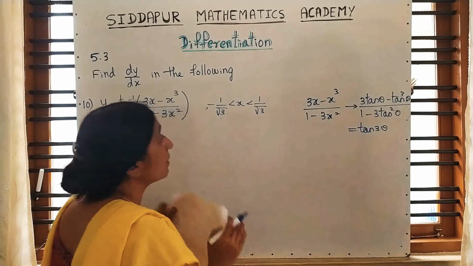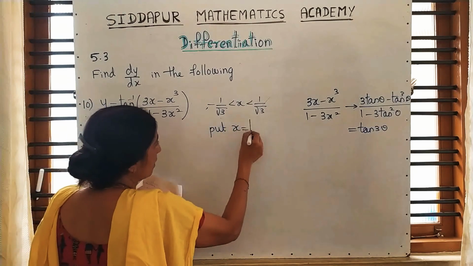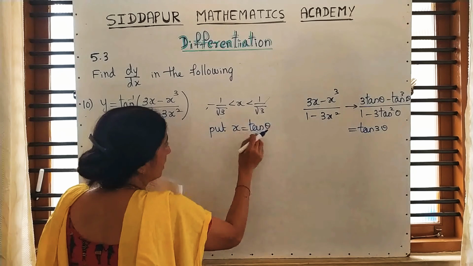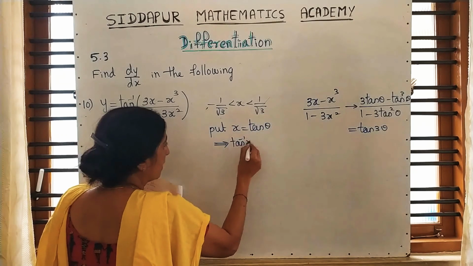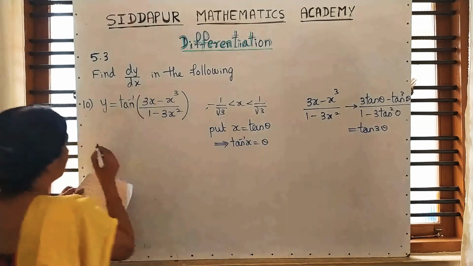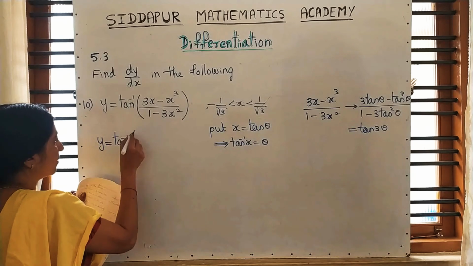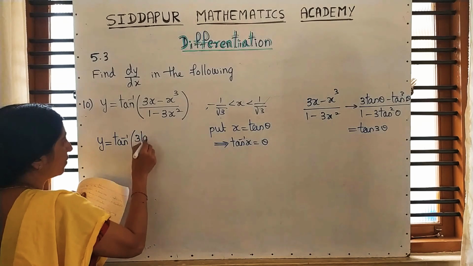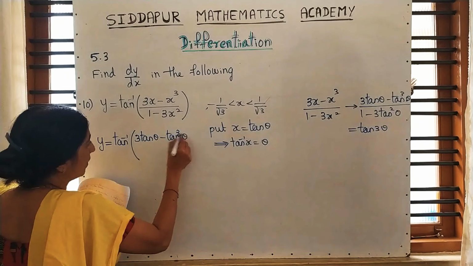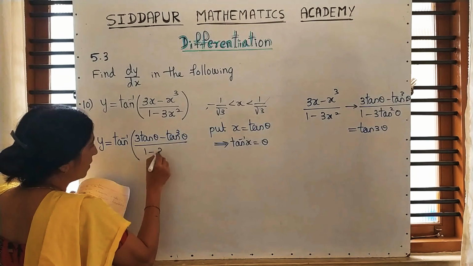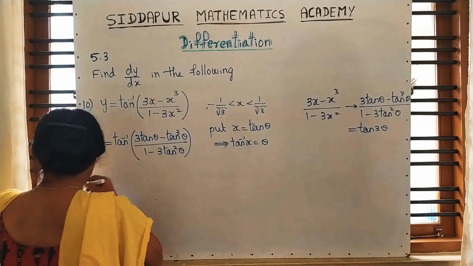So again that means what will be the substitution? Here also the substitution is x is equal to tan theta. Take only tan on this side. Tan inverse x is theta. So y is equal to tan inverse of (3 tan theta minus tan cube theta) upon (1 minus 3 tan square theta).